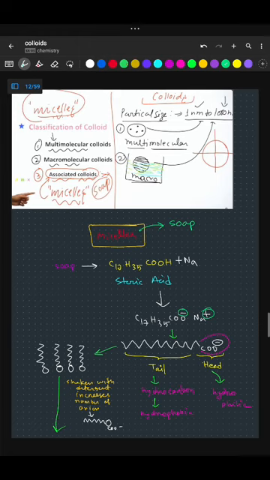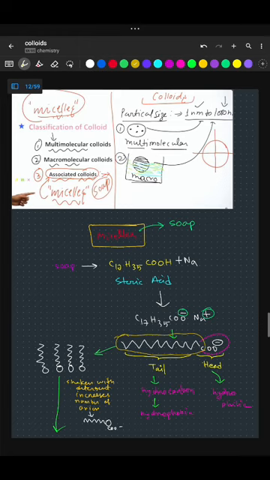It looks like this. You can see it has two parts. One of them is the tail, which is the carbon hydrogen chain, and the head part, which is obviously a negative part because the H plus was taken out of it.